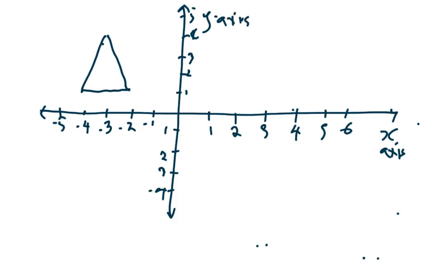And that's the negative side. So then, these are our coordinates. I think it's better I label them for you. This would be negative 4, 1. That is negative 2, 1. And that is negative 3, 4.